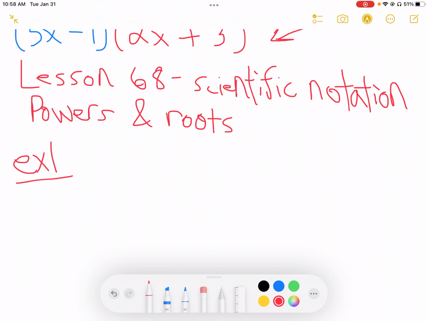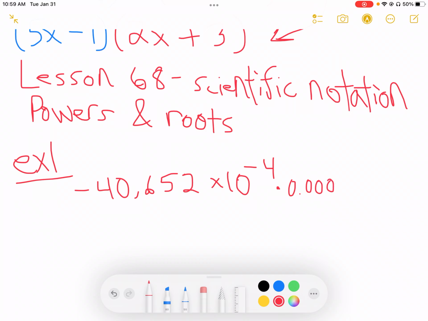But if I have minus 40,652 times 10 to the minus 4, and then it's multiplied by, and I'm going to run out of room here, but it's 0 point, and then there's 3 zeros, so 1, 2, 3, and then 324 times 10 to the 11.